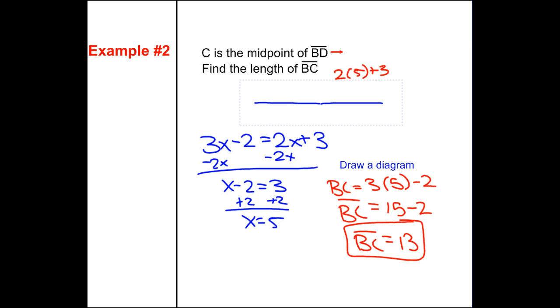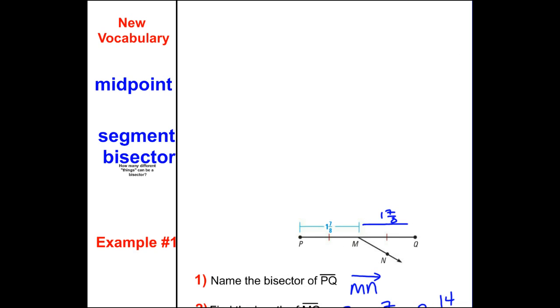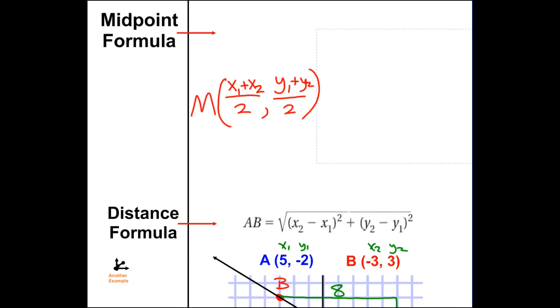They should just be BC. We're using distances, so we're not using the symbol over them. We're just going to label them. I apologize for that, rookie mistake on my part. So let's go back to the problem we were just working on.